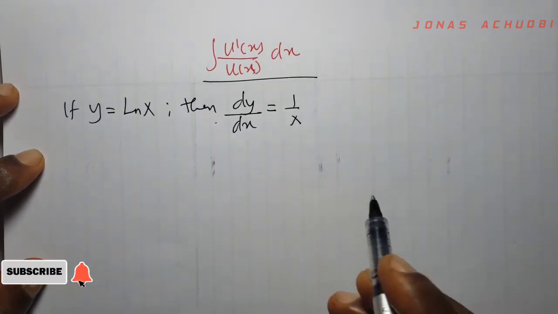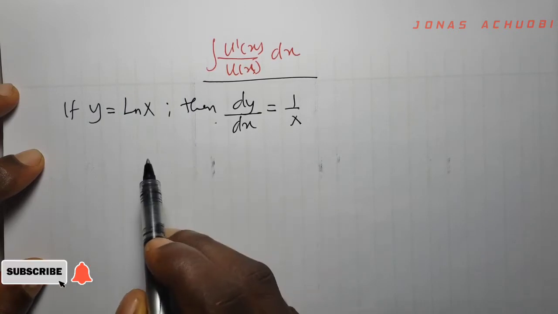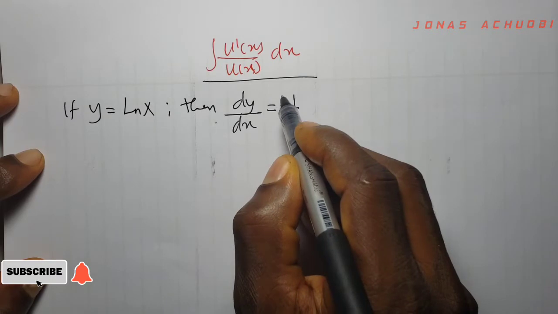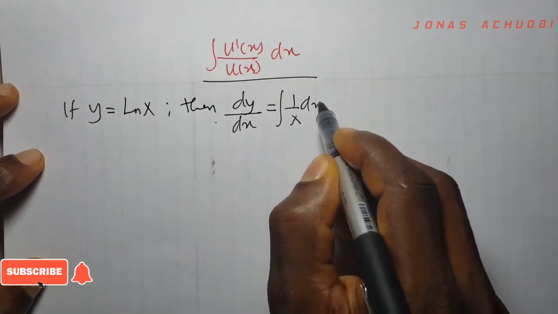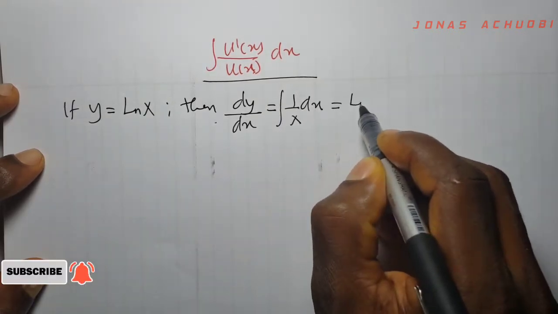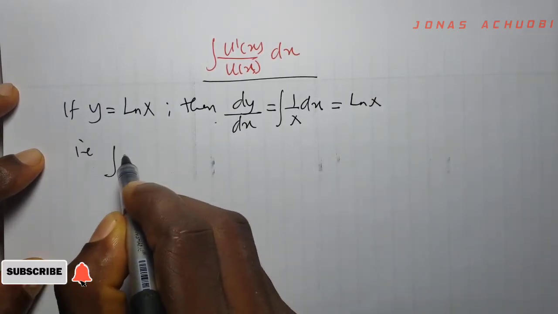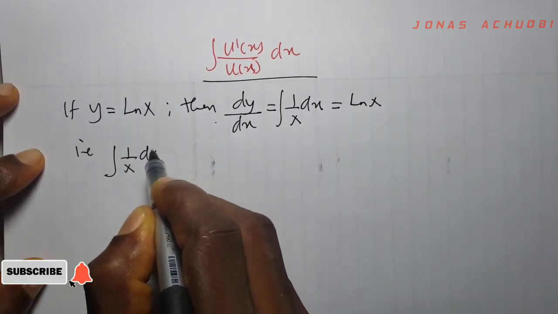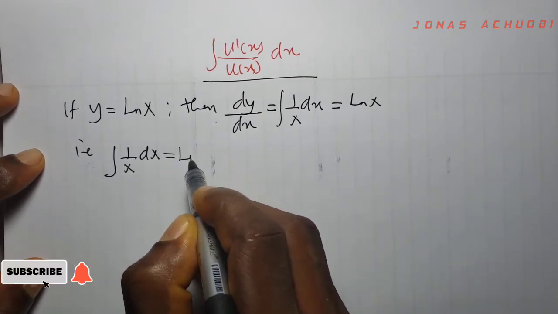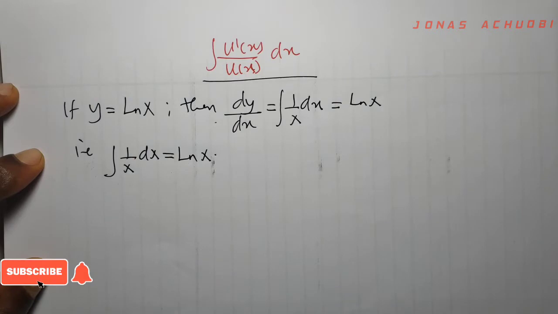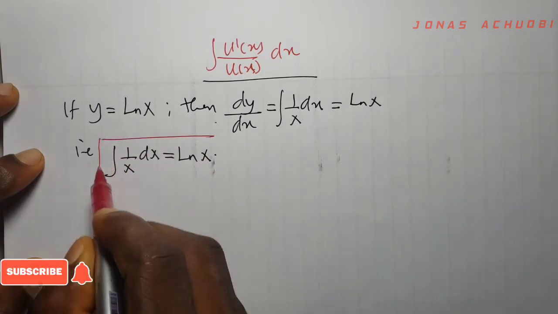Now, since integration is the reverse of differentiation, we would expect that if we integrate this function with respect to x, we get what? Ln x. That is to say that the integral of 1 over x with respect to x is nothing but what? Ln x. But then, let us take a second look at this integral.